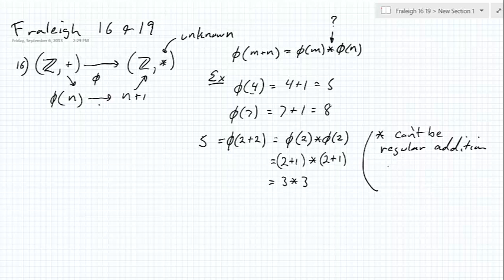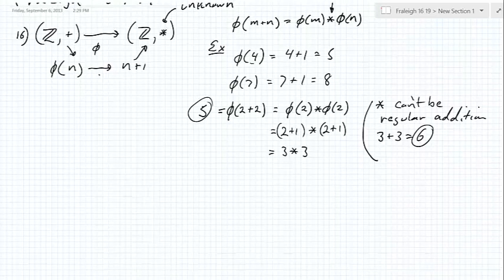Why not? Because 3 plus 3 is equal to 6, and 6 is not equal to 5. So it can't be regular addition, but on the other hand, it's pretty close to regular addition, right? 6 is pretty close to 5.